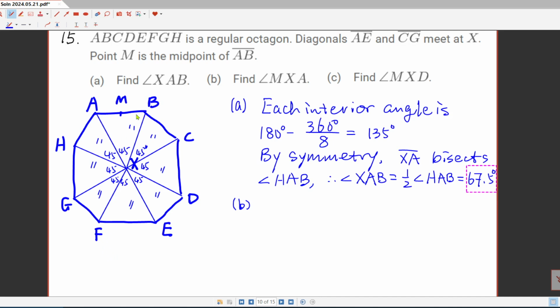Since M is the midpoint of AB, we have AM equals BM.